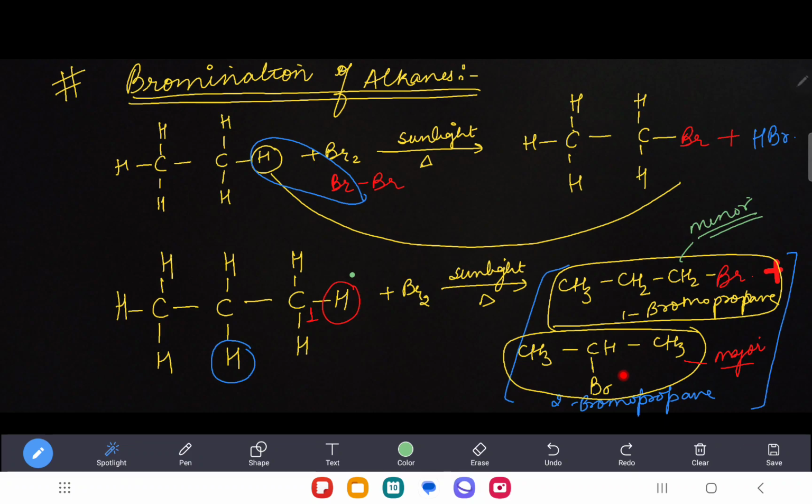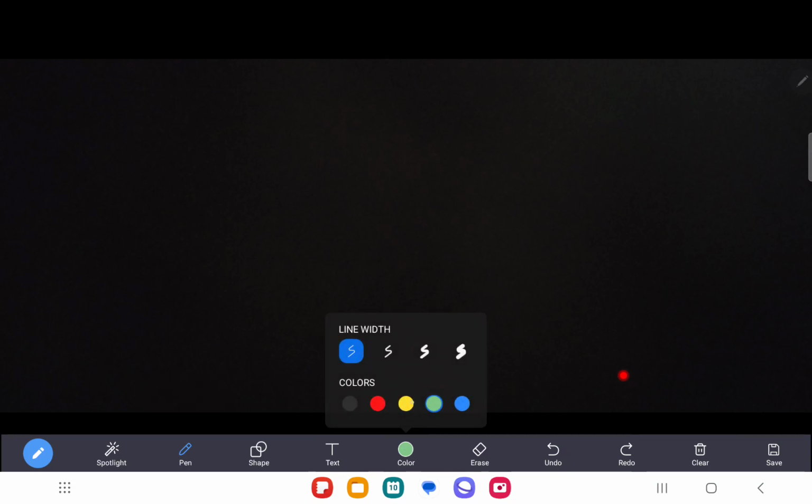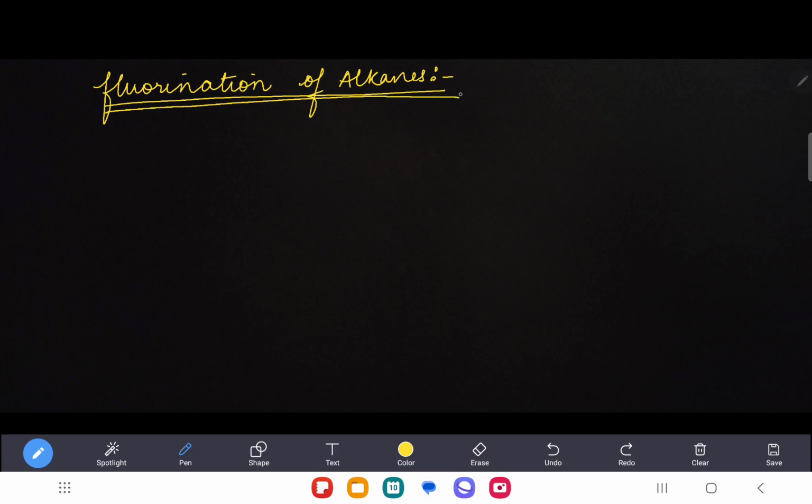Next, what do we have in here? Write down, next we are going to discuss the fluorination of alkanes. Now, what is fluorination of alkanes? Just understand, fluorination of alkanes occurs in a very different way.